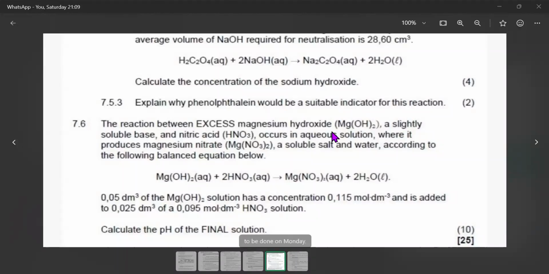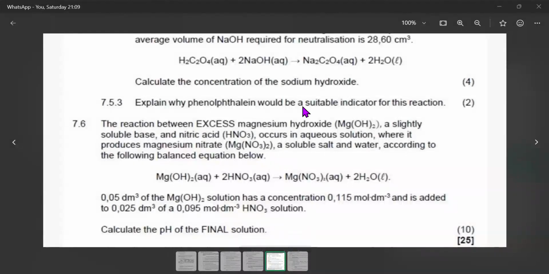So, well, this one, I know that you can perfectly execute it. You're now comfortable, or at least you should be comfortable with finding the pH of the final solution. Except that in this case, what is in excess is not an acid, but instead a base.